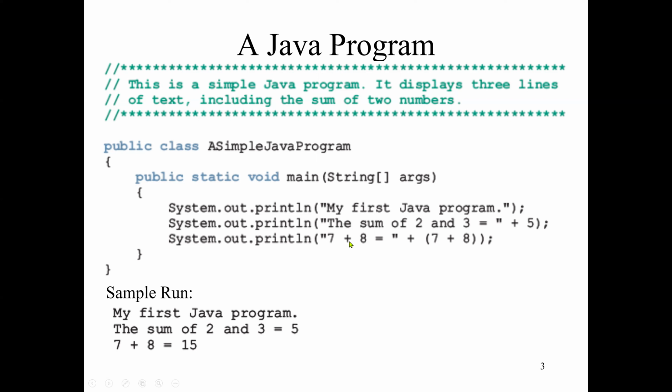And here also, the plus we are using here is a string because we have 7 plus 8 in double quotation. So everything in double quotation is a string. The next plus sign acts as a concatenate or join operator. Then the second plus sign acts as an arithmetic operator. So here our output will be 7 plus 8 equal to 15 because 7 plus 8 here is 15.